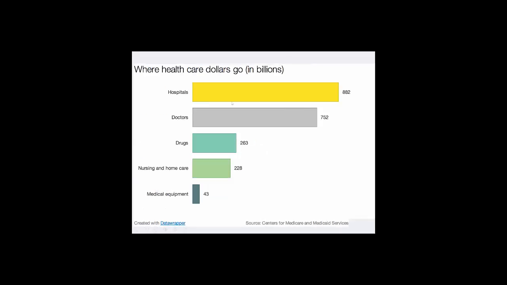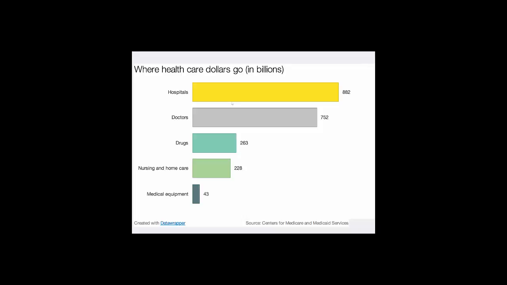Where do our healthcare dollars go? A lot of it goes to two major categories: hospitals and doctors. We have seen some substitution effects between hospitals and drugs, which is still a large portion, but there is some cost savings that is occurring from substituting the hospital doctor care with drugs.